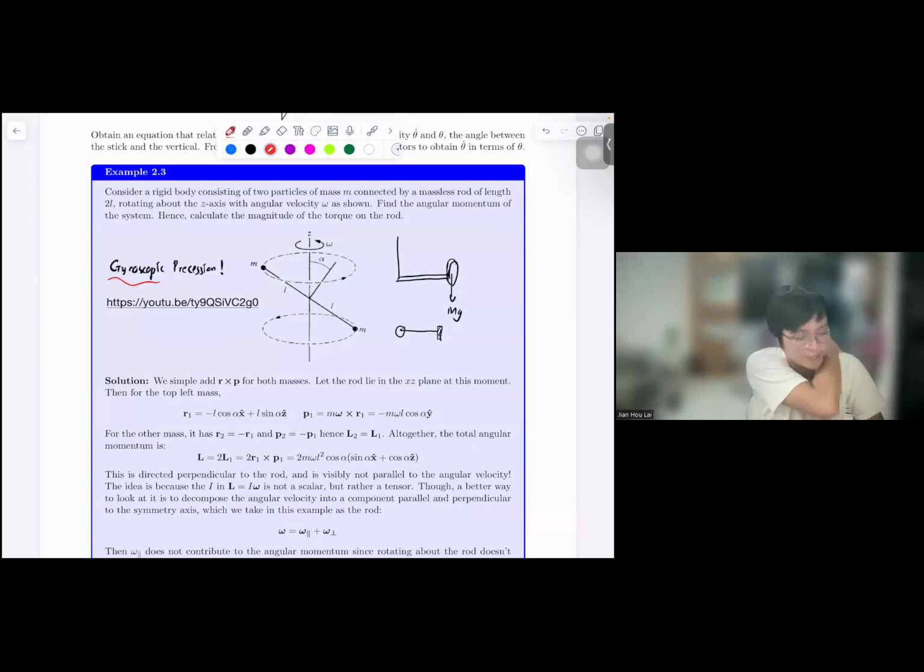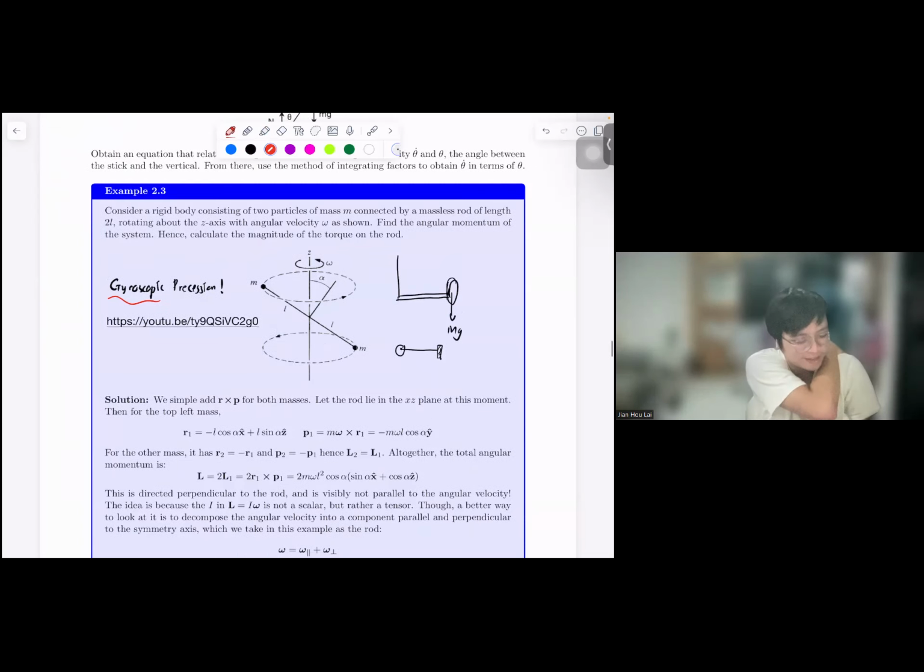This video is quite helpful, and some of the videos talk about gyroscopic precession, which you can find in your phone also. Some apps use the gyroscope, gyroscopic precession, to find direction.